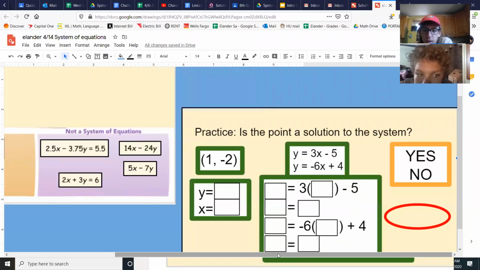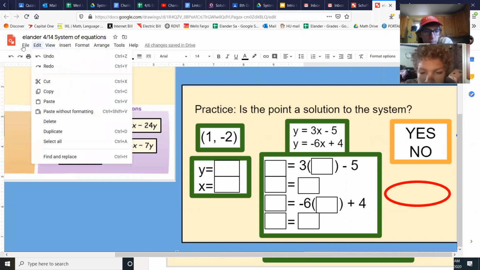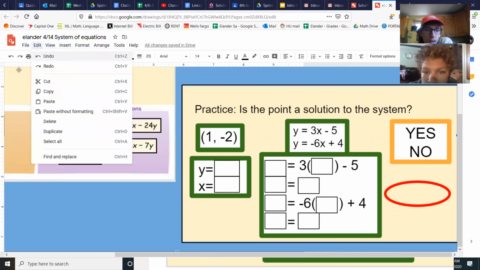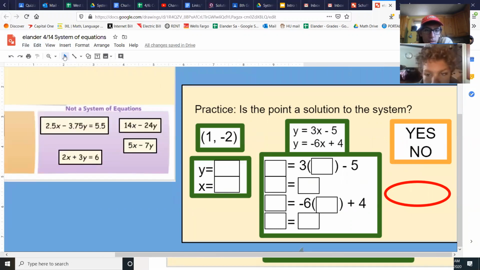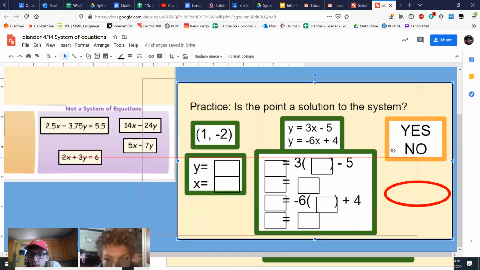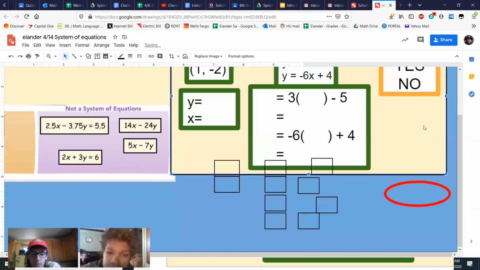Okay, and then if you're on this screen, you can draw on it. There is a draw button somewhere. I'm a little new to this one, but I'm sure you guys are pretty sharp. I'm sure you can draw lines. And mainly what you need to be able to do is use the little cursor, right, to move stuff around. So if you can move stuff around, you'll be able to, for example, take this circle and say either yes or no. Oops.